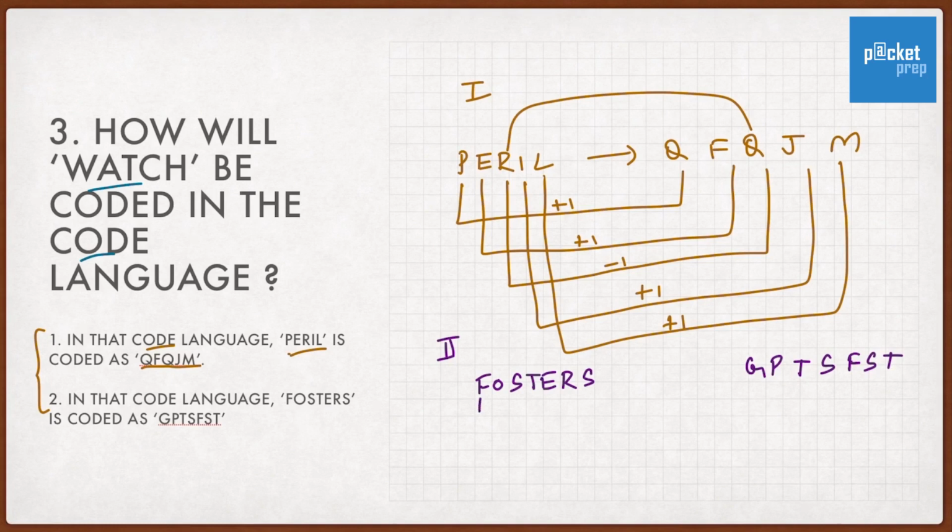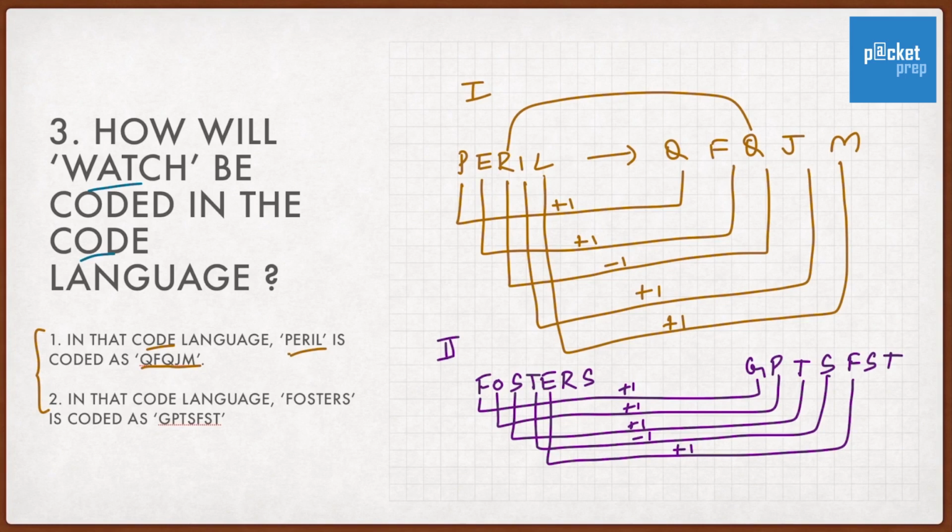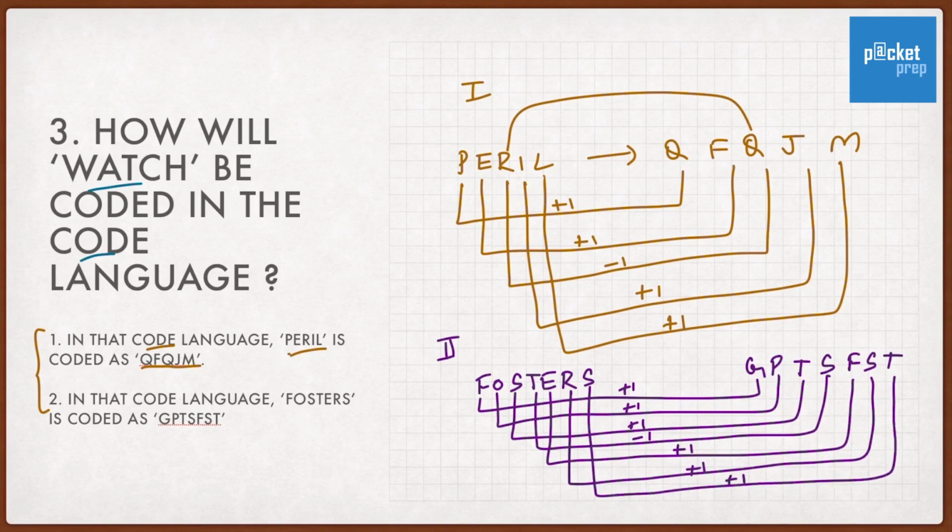If you can observe, the next letter of F is G, the next letter of O is P, the next letter of S is T, and the before letter of T is S. So +1 here, +1 here, +1 here, and -1 in place of T. And for all other alphabets, it continues in the same way. +1, that F comes after E, and S comes after R, +1, and T comes after S, +1.